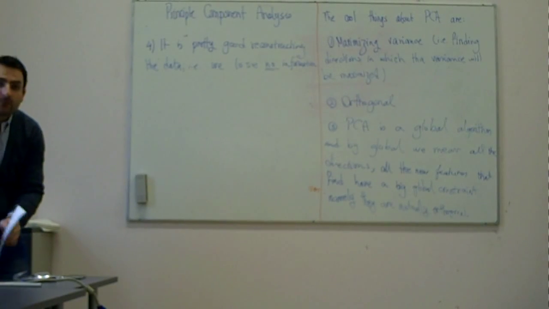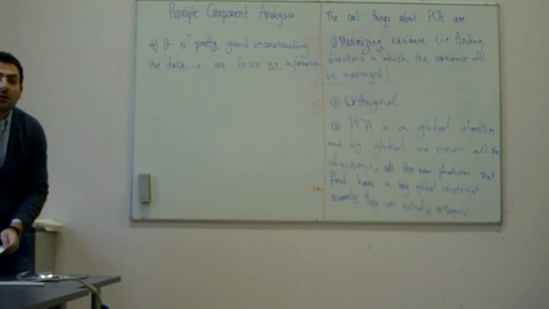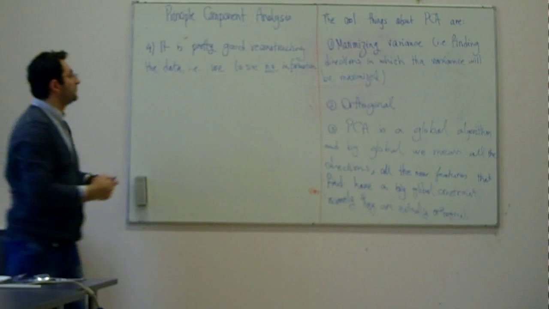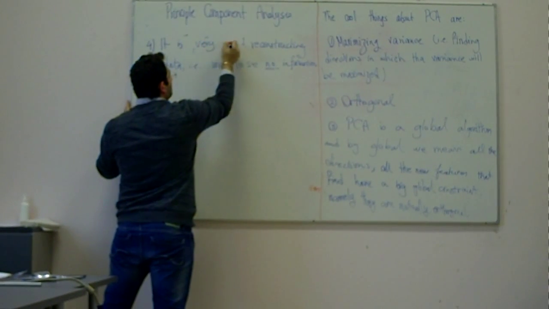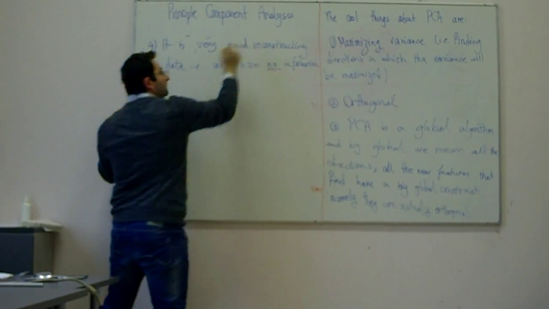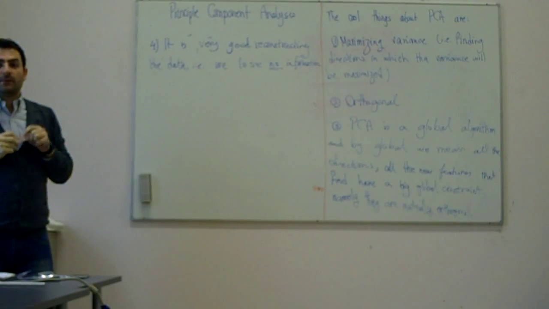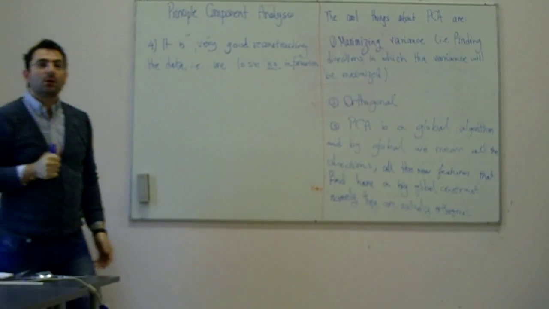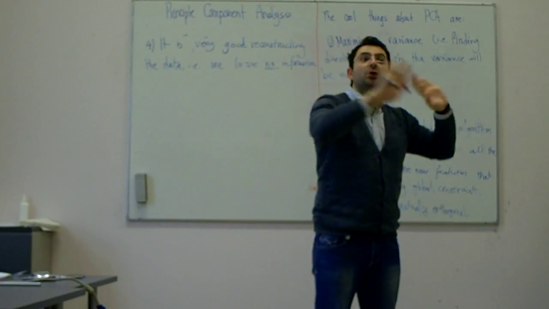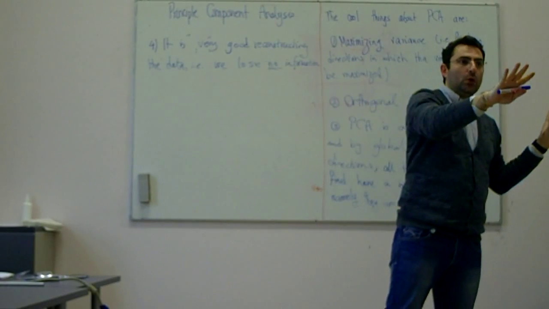Why is it only pretty good? Or better? Are there some points that you lose? No, with this you don't lose anything. You can make it lose, but we don't.